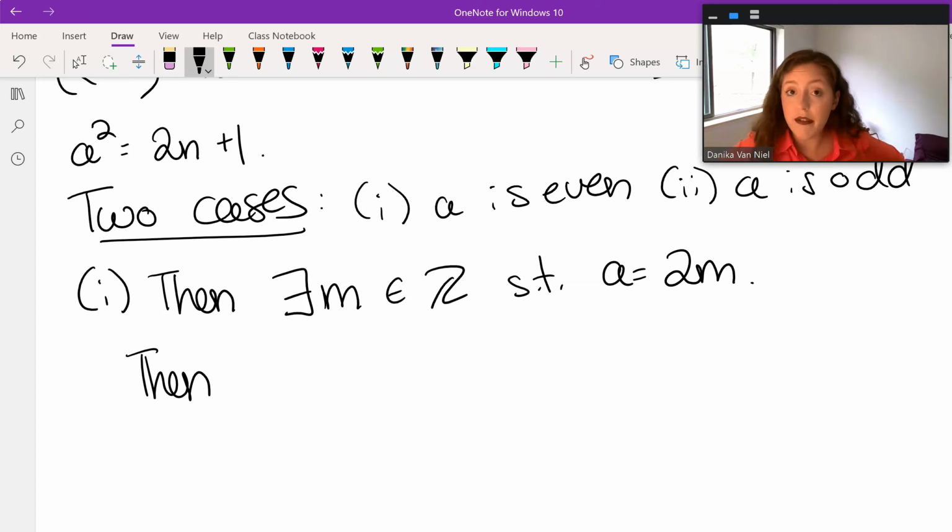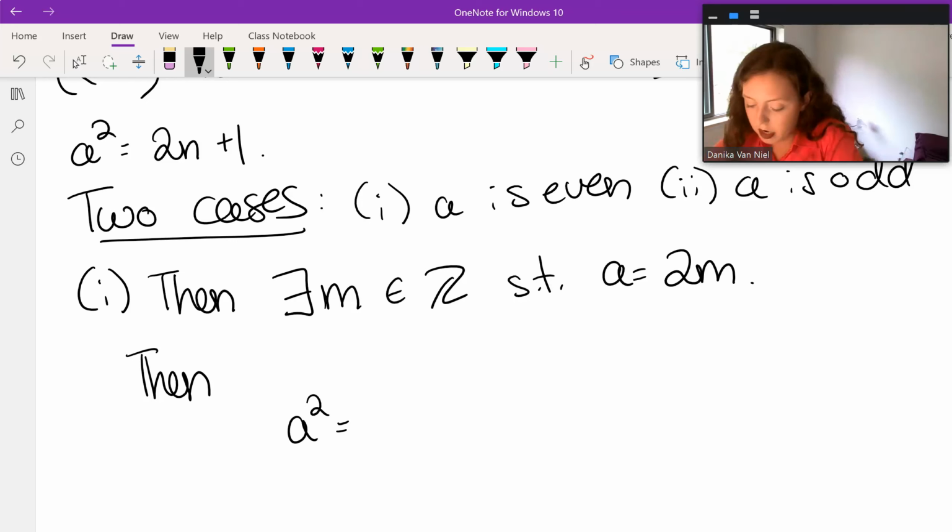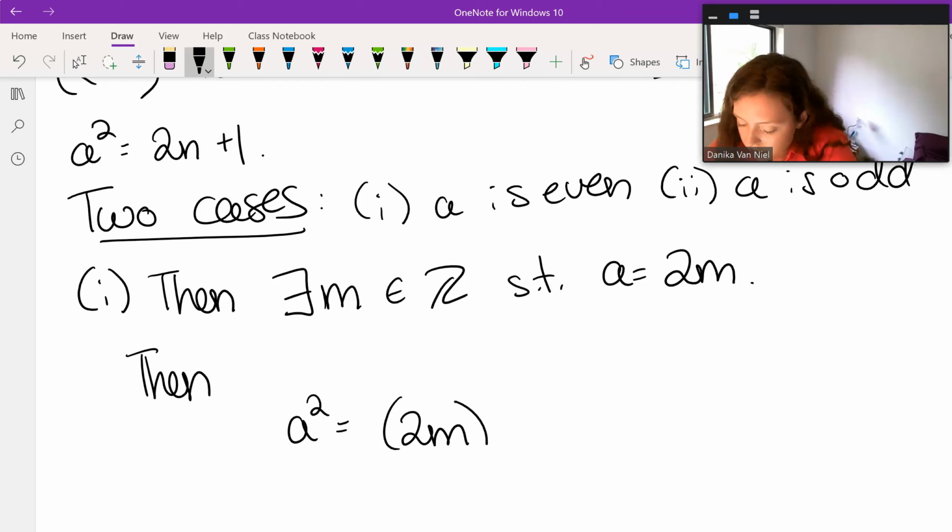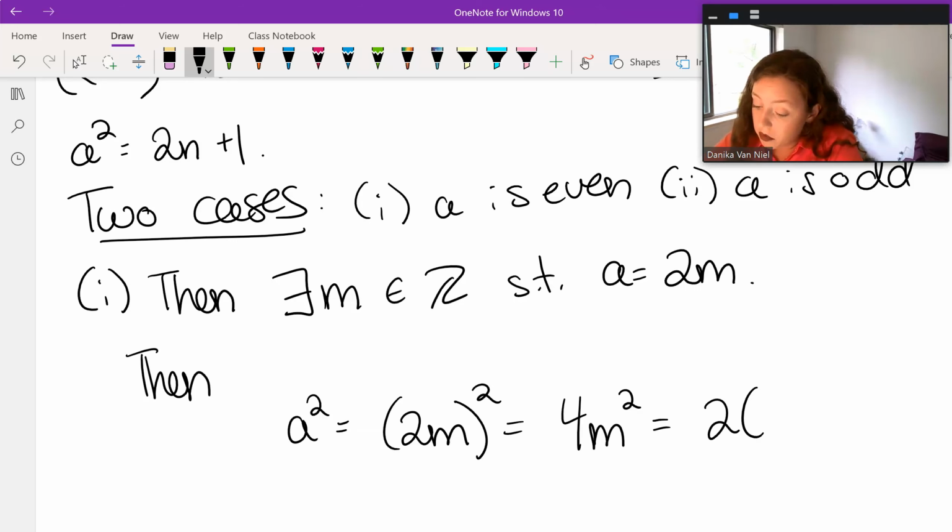All right, let's kind of follow how we did the first part of the proof. Then a squared equals (2m) squared equals 4m squared. But that equals 2 times 2m squared.